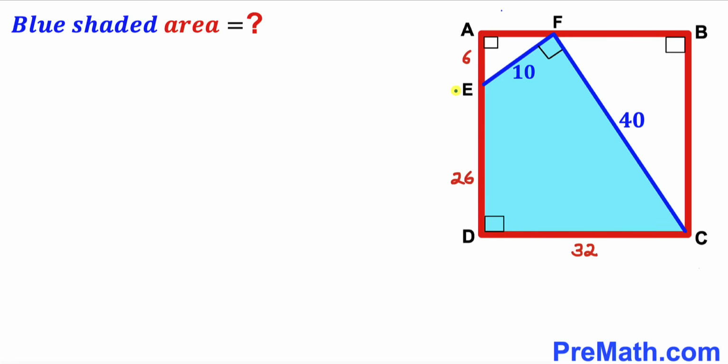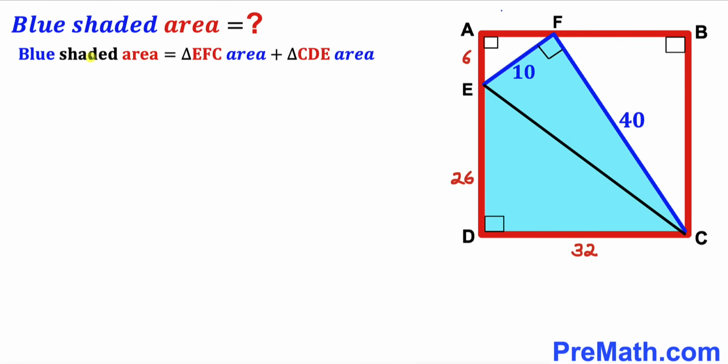And now in this next step I'm going to connect these two vertices E and C. As a result this whole blue shaded region has been divided into these two right triangles. So now let's make an observation.